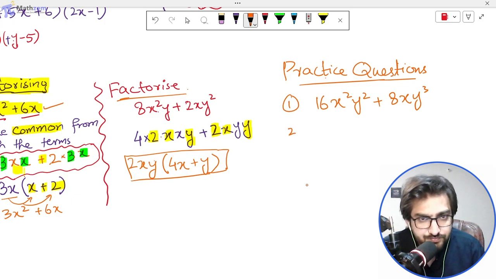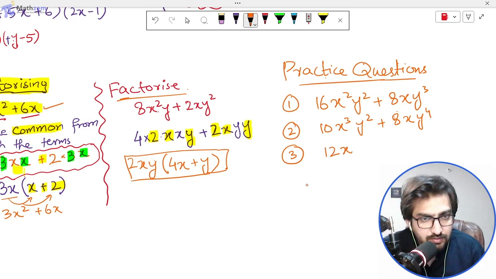Question number 2 is 10x cube y square plus 8x y power 4.